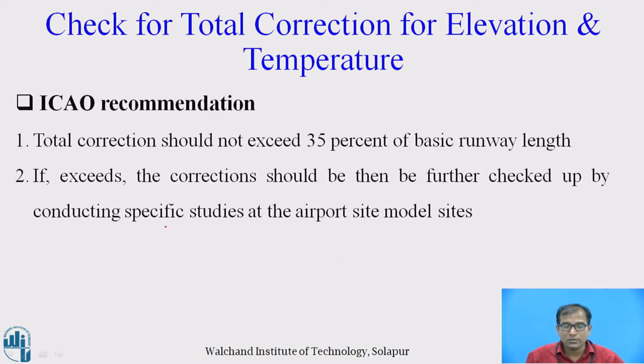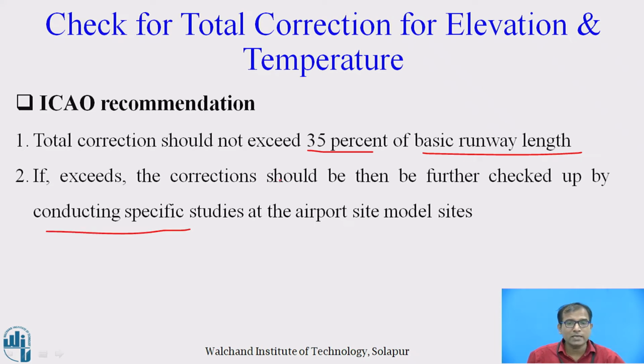ICAO recommends that the increase in the length should not exceed 35% of the basic runway length. So we need to check that. If that exceeds, we need to further check whatever data you have collected or the studies you have done. You are going to redo those studies one more time, the data which you have collected on that airport site.